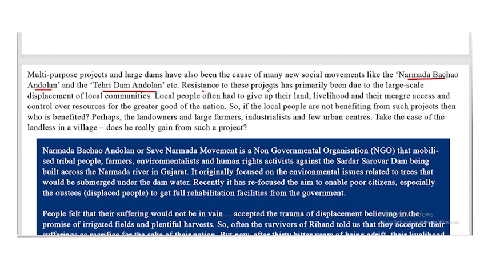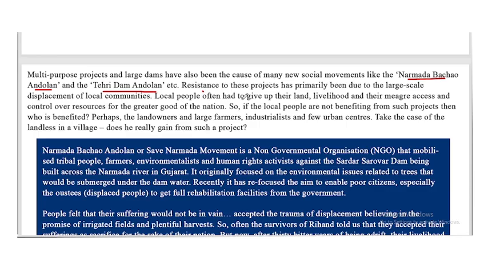Resistance to these projects has primarily been due to the large-scale displacement of local communities, because for the construction of these dams, large local communities have to be displaced.